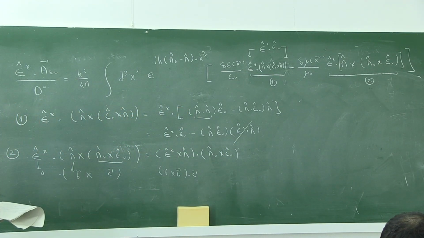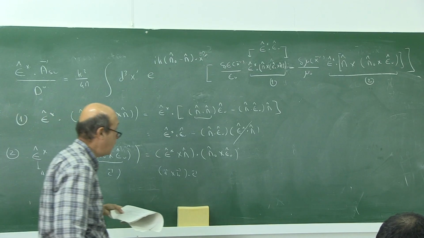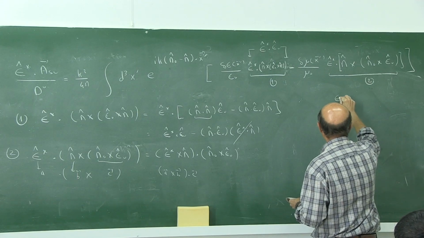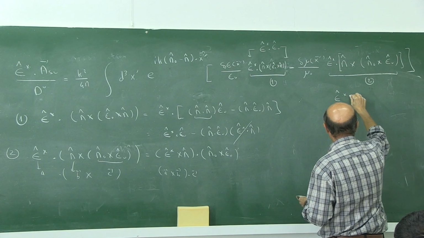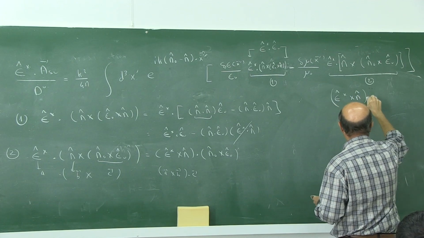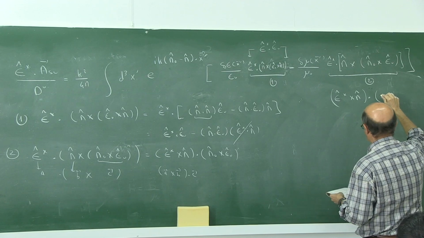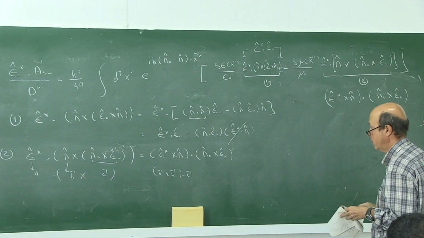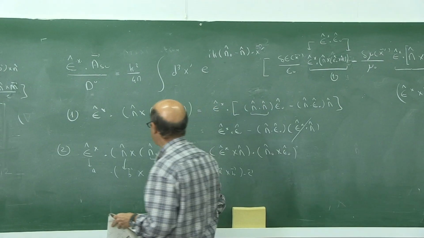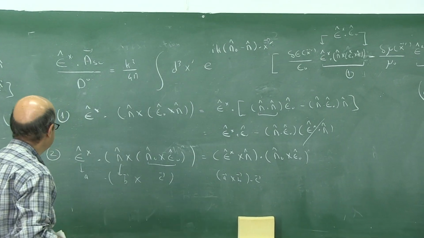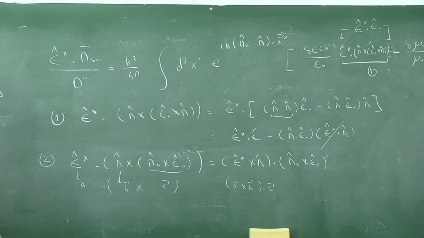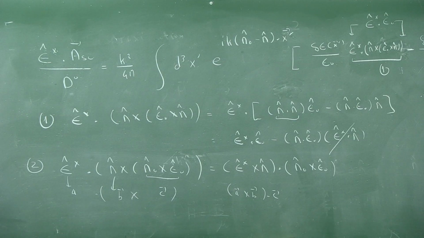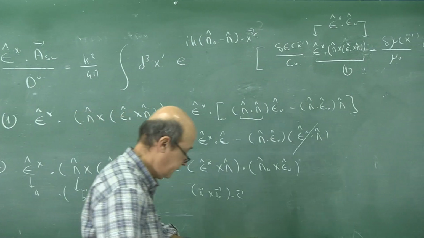That is the other term. So the other term is nothing but epsilon complex conjugate cross n and n0 cross epsilon 0. So this is the form of the epsilon dot scattering amplitude. If you take the absolute square, you can calculate the scattering cross section per solid angle.